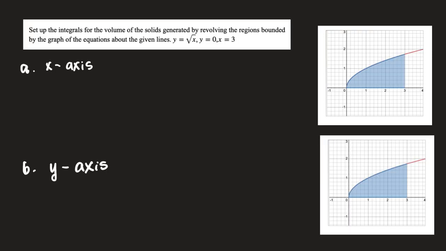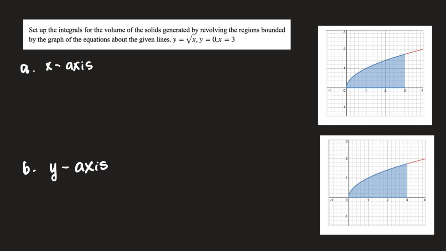Let's do another practice problem using the disk method and washer method. For this one you don't have to evaluate the integral, just set up the integral for the volume of the solid. You use the disk method or washer method depending on the rotating axis.